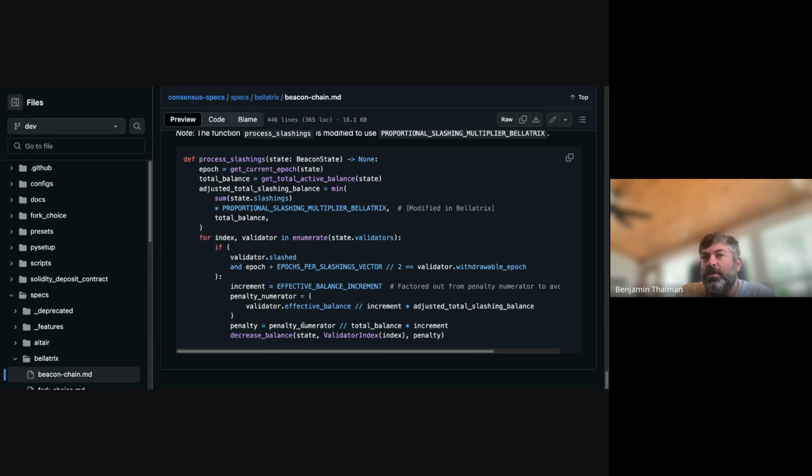And in fact, if you're really ambitious, what you could do is substitute in all these values. So start with penalty, substitute in penalty numerator, and then into that, substitute in adjusted total slashing balance. And what you can do is isolate the percentage of the network.